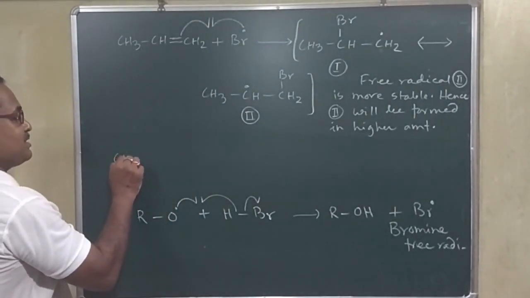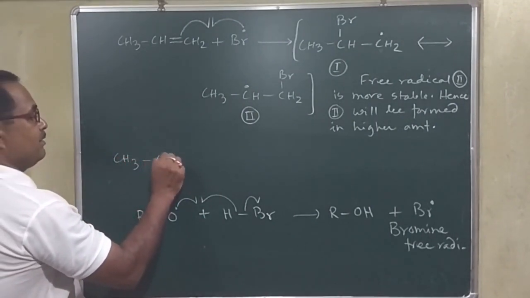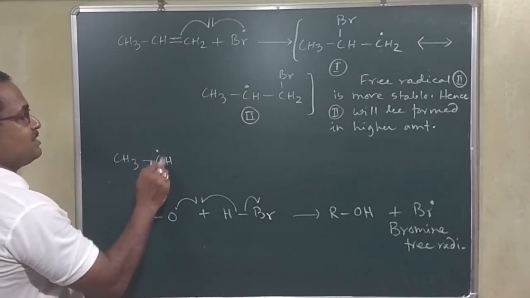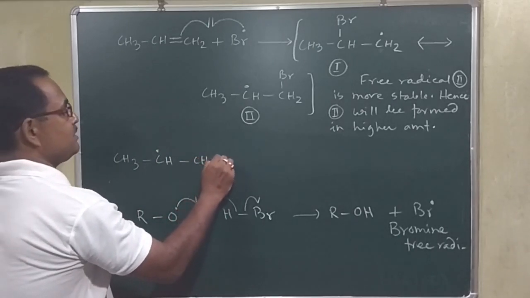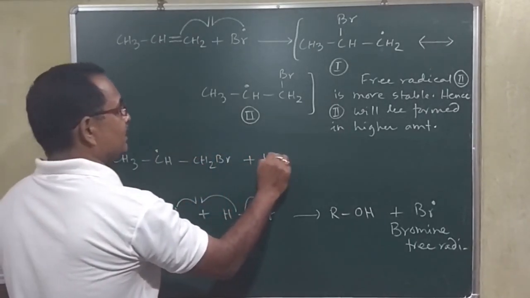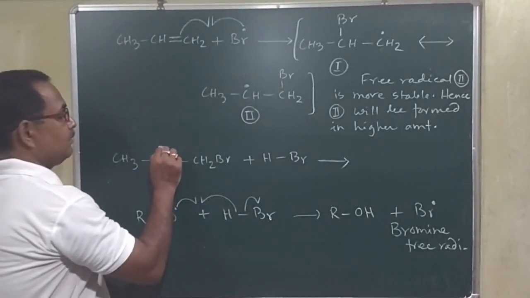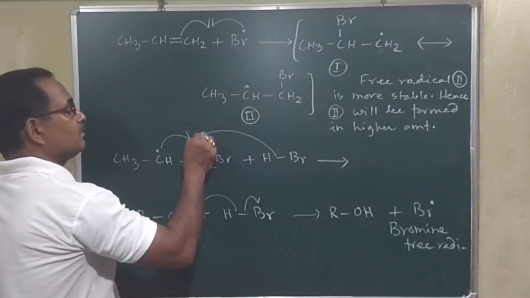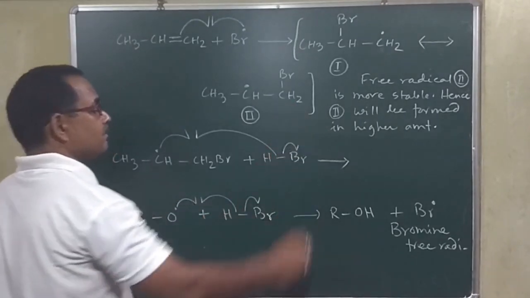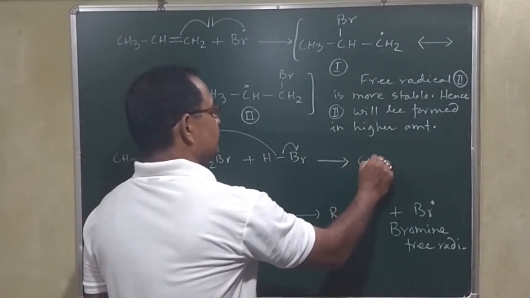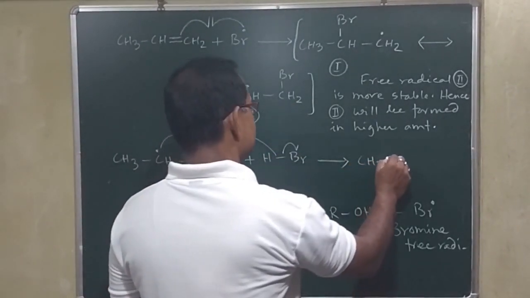In the subsequent step, what will happen? CH3 CH dot CH2Br. This will attack another HBr molecule to give what?